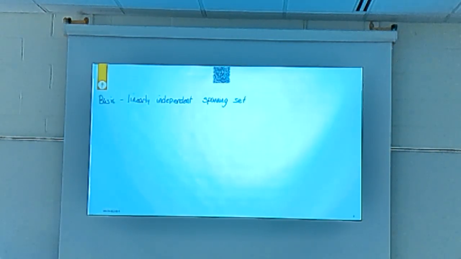And what does it mean for a set to span? Right, so every vector in the space is a linear combination of the vectors in the spanning set, right?